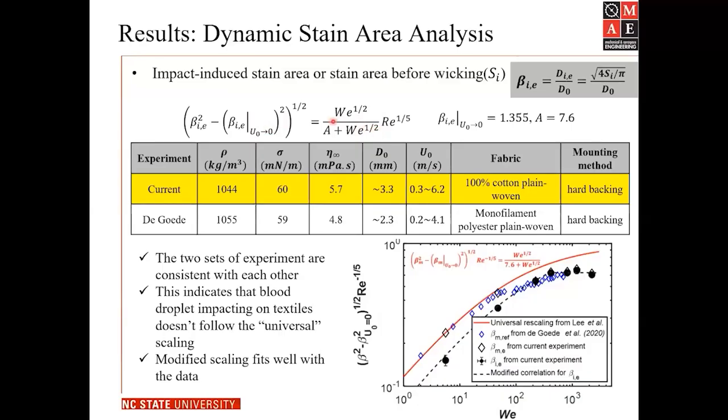We try to apply this universal scaling law to our data and also to some other data for fabrics. But we do find that this scaling law does not really give us a very good scale for all our data points. So we propose some modified scaling laws in our paper so we can fit our data pretty well with the modified correlations.